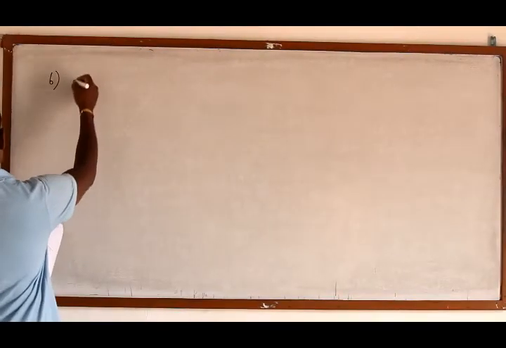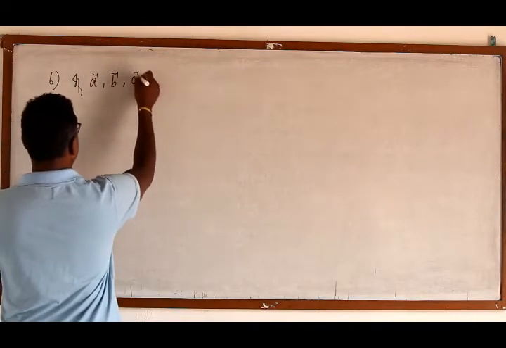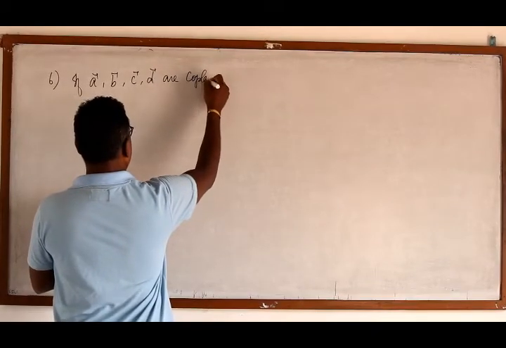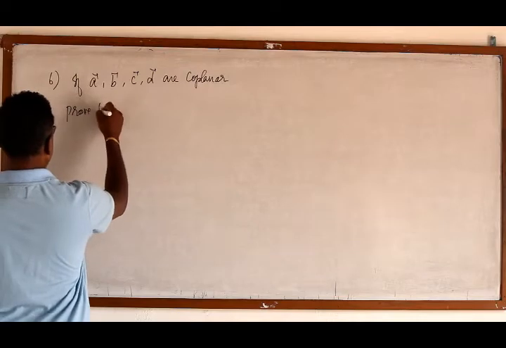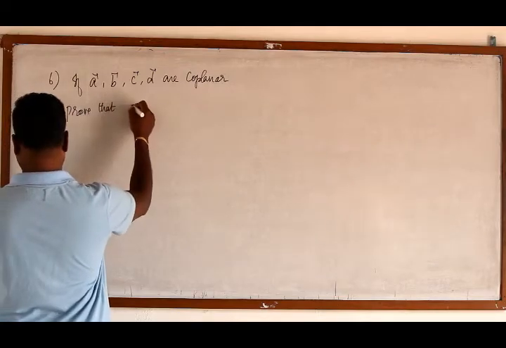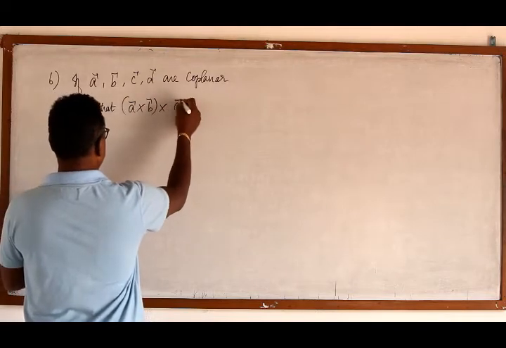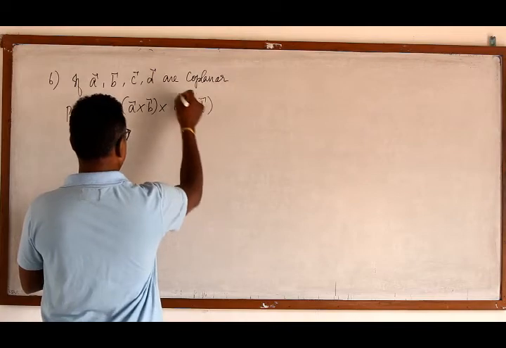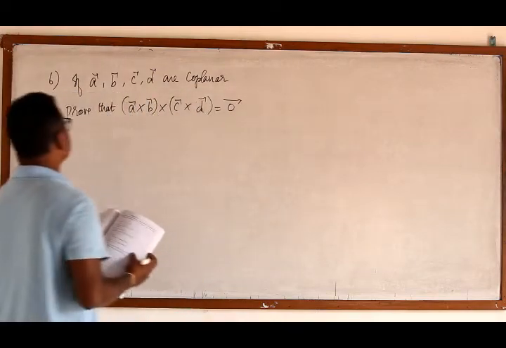Next, sixth problem. If A vector, B vector, C vector, D vector are coplanar, prove that A cross B cross C cross D equal to 0 vector.